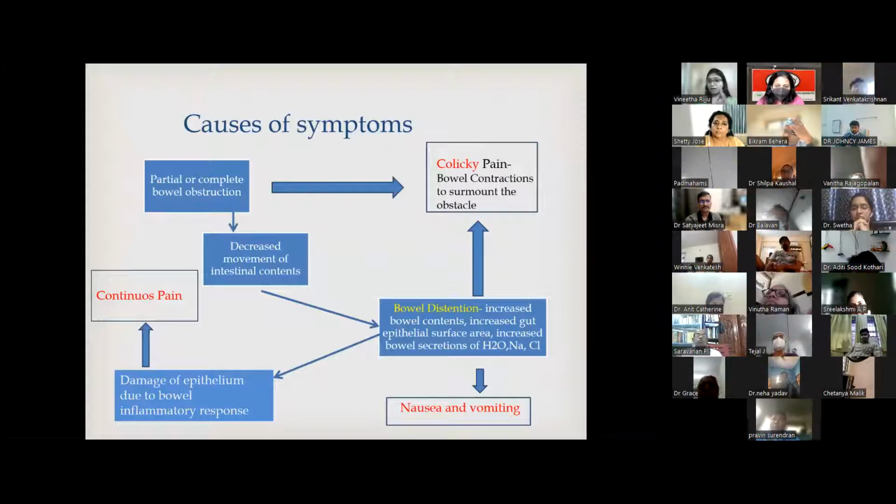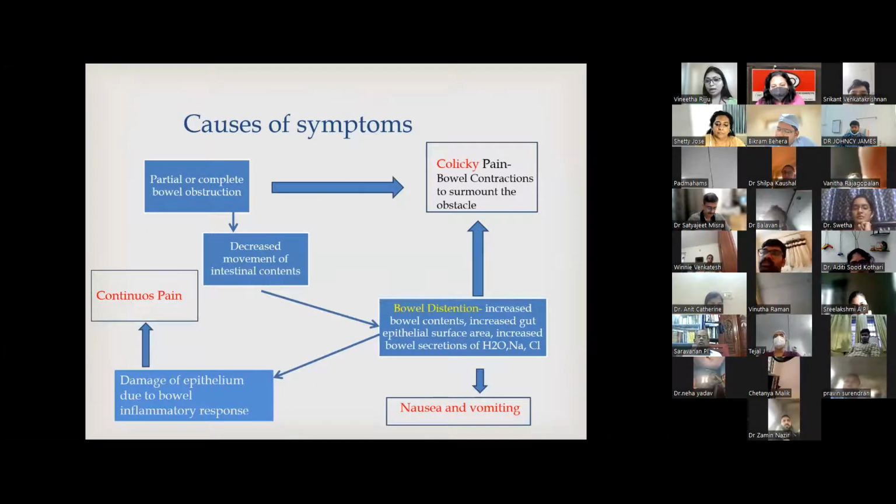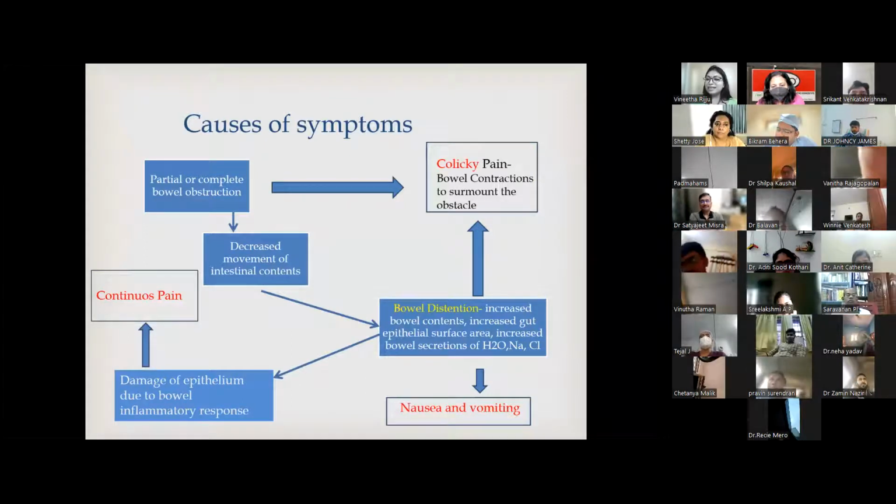So there is a fluctuation there, which tells you it is colicky. And again, in partial and complete obstructions, there is decreased movement of intestinal contents. Now, this will contribute to the distension. There is increased gut epithelial surface area also, and there is increased bowel secretions also.